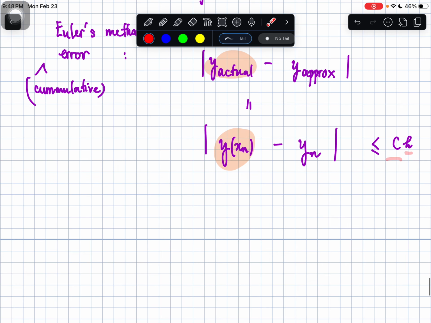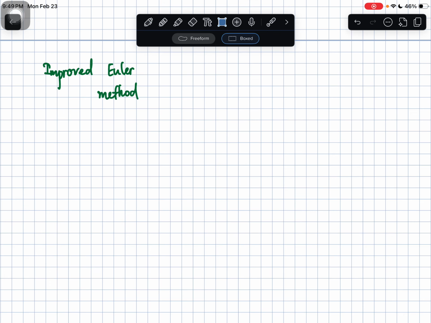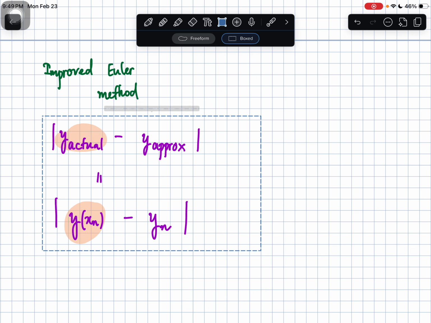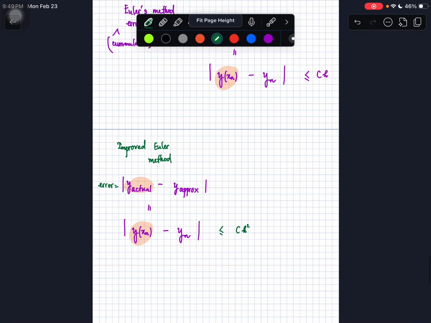However, for the improved Euler methods, we show that the cumulative errors are bounded from above by C times h squared.